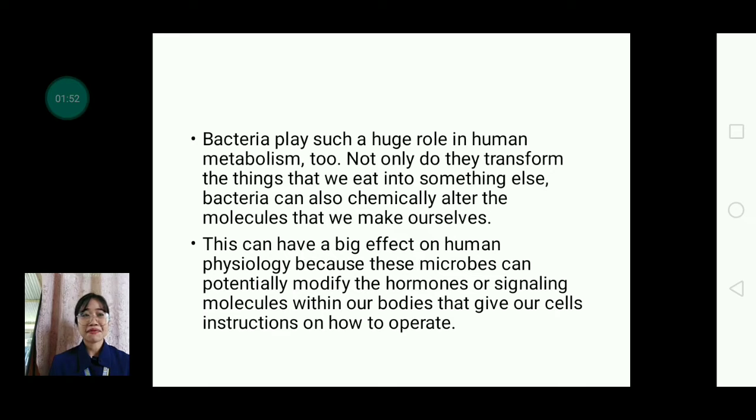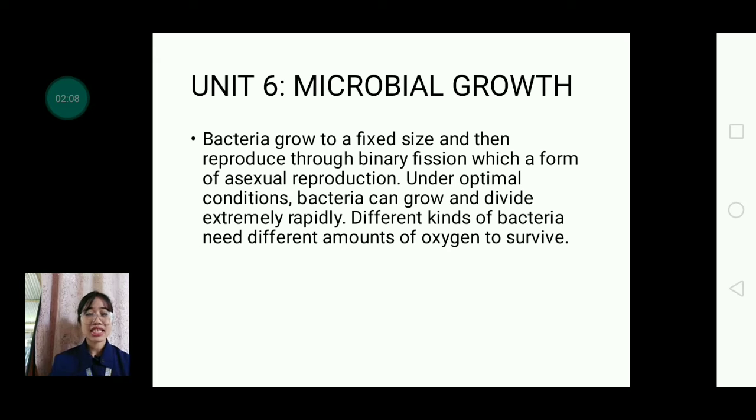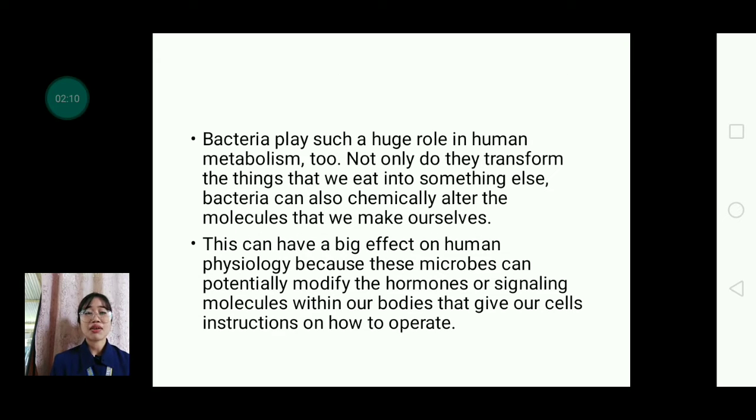This can have a big effect on human physiology because these microbes can potentially modify the hormones or signaling molecules within our bodies that give our cells instruction on how to operate. So that is my summary of learning in Unit 5.